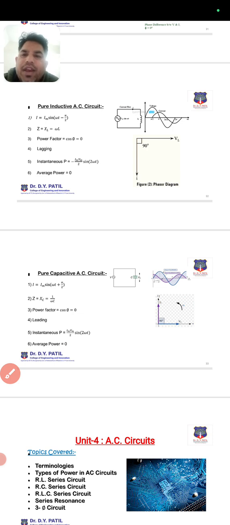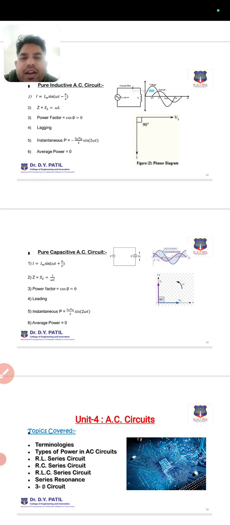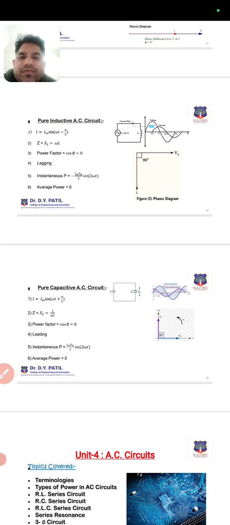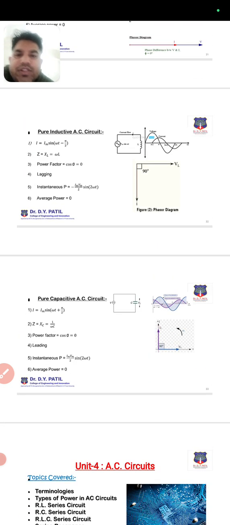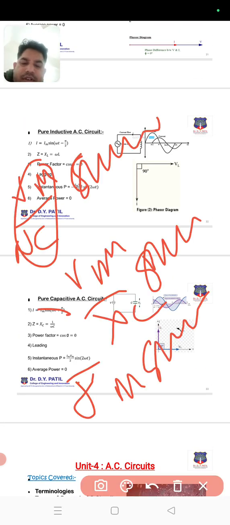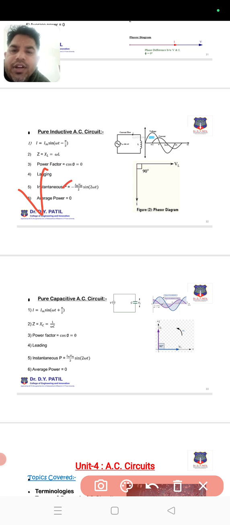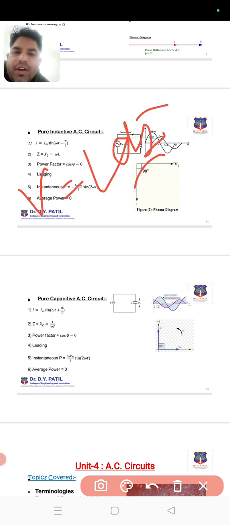We have the same derivation in the pure inductor also. For the capacitor we start with I is equal to dq upon dt, while for the inductor we start with V is equal to L di upon dt.